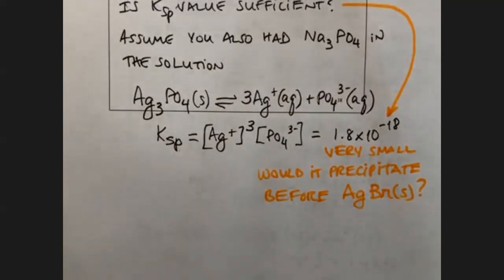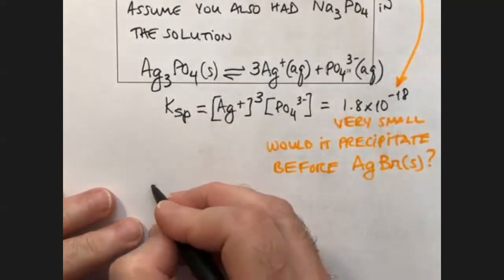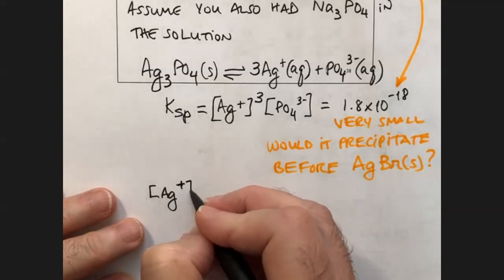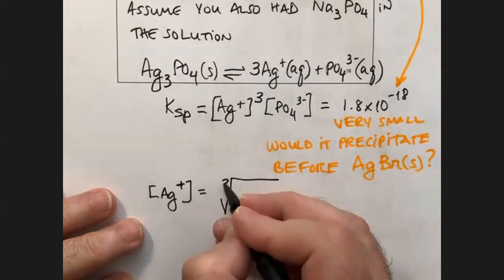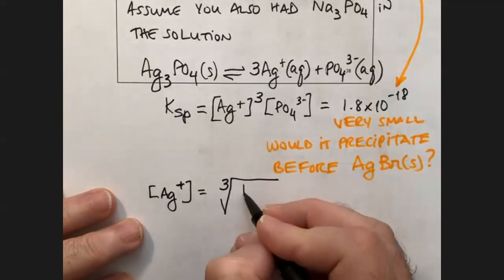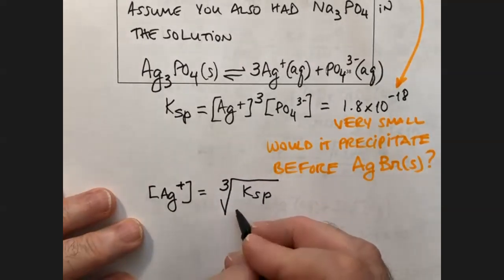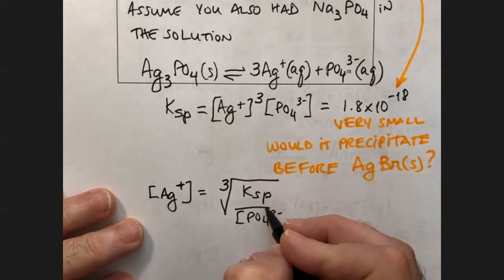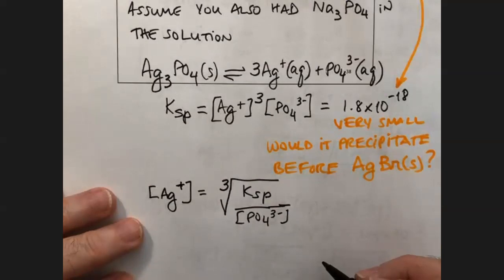Well, let's see. The silver ion concentration that I need to precipitate silver phosphate would be the cubic root of KSP over the molarity of the phosphate, right?